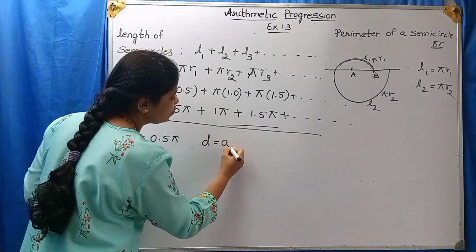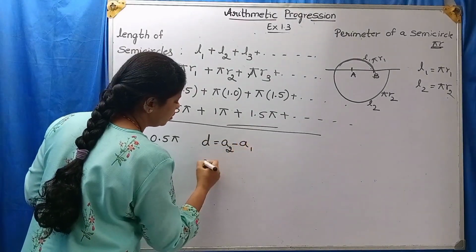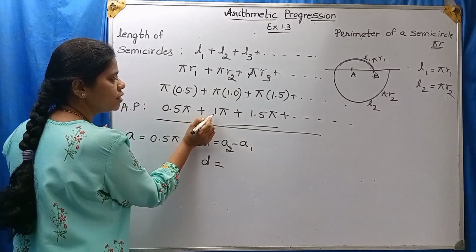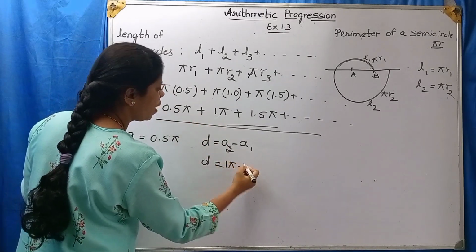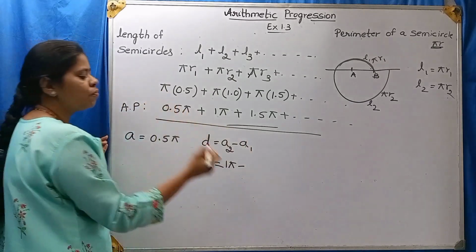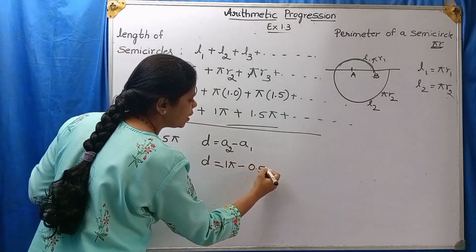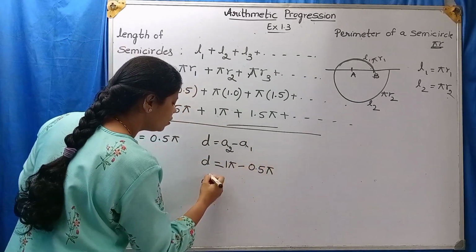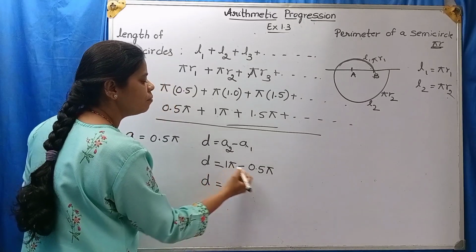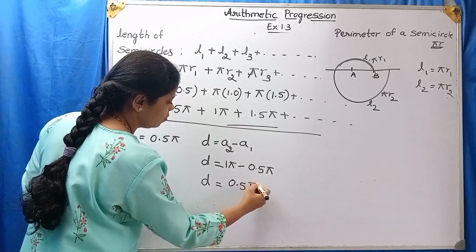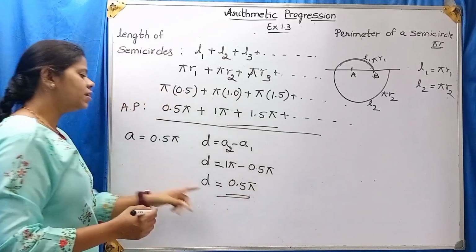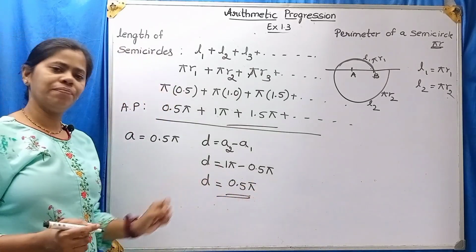D is equal to A2 minus A1. D is equal to A2, which is 1 pi, minus A1. A1 is 0.5 pi. Therefore, D is equal to 1 minus 0.5, which is 0.5 pi. Okay. The value of D is 0.5 pi.